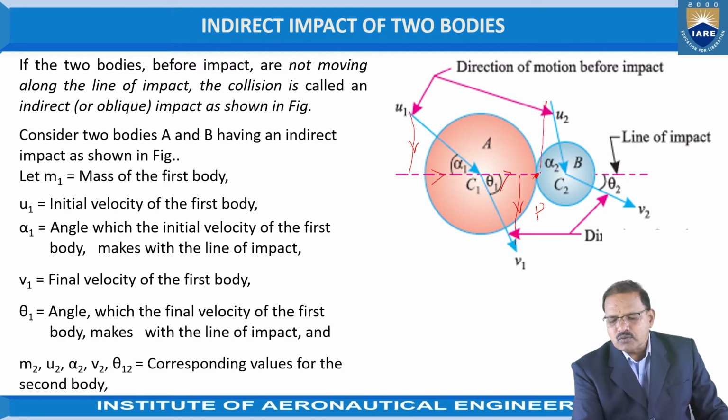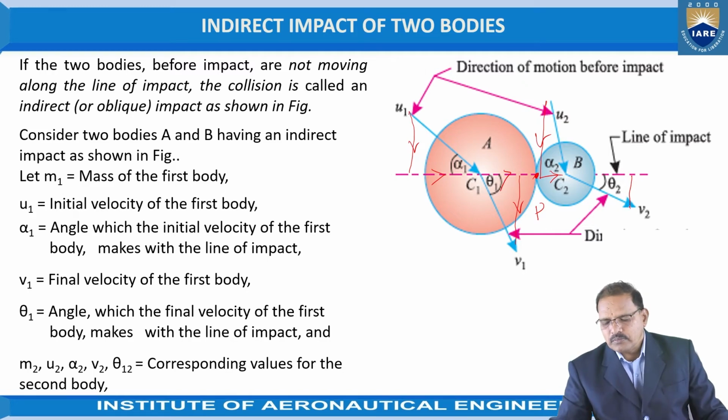When it is resolved into two components, one is along the line of impact, one more is perpendicular, and v2 is representing the velocity of the second body after the collisions. Again it is resolved into two components. One is along the line of impact, and the second one is perpendicular to the line of impact.